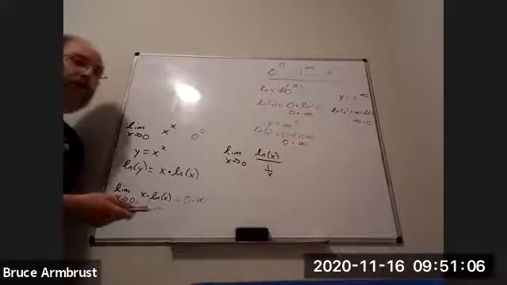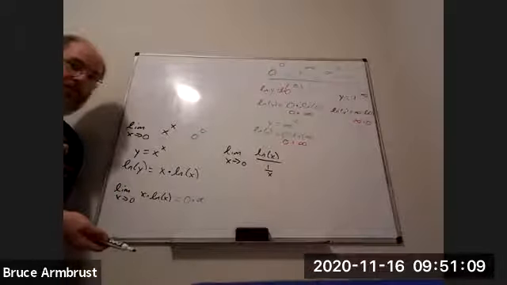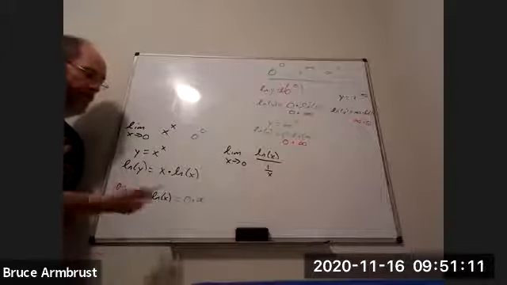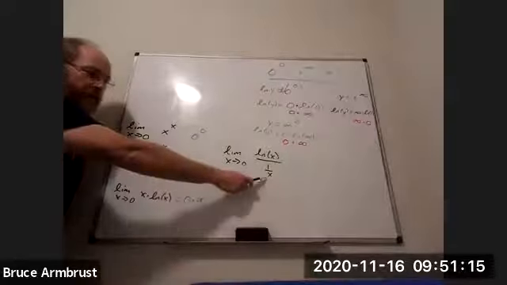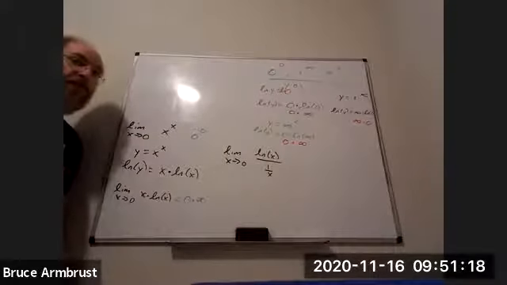I have to take the reciprocal of one of them. I figure it's easier to take the reciprocal of x than natural log of x. That's why I did it this way. You could have done it the other way if you wanted. I just think this is going to be easier.